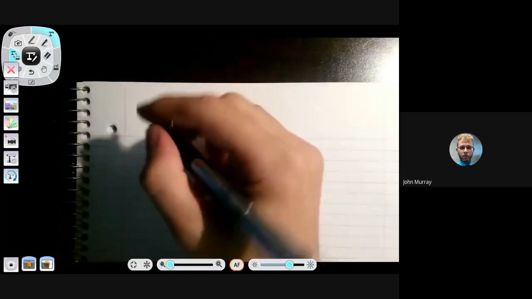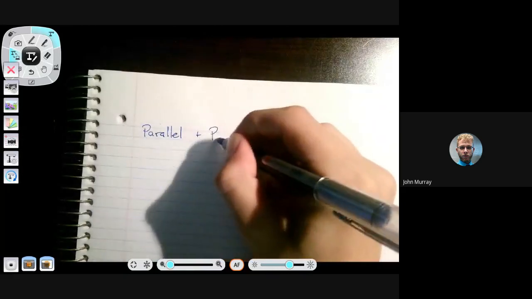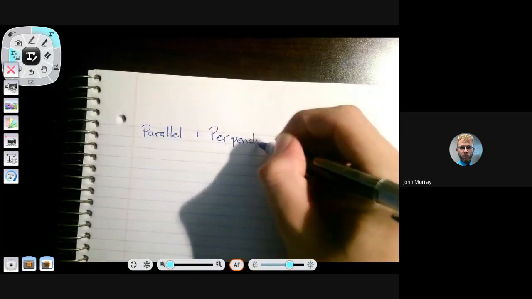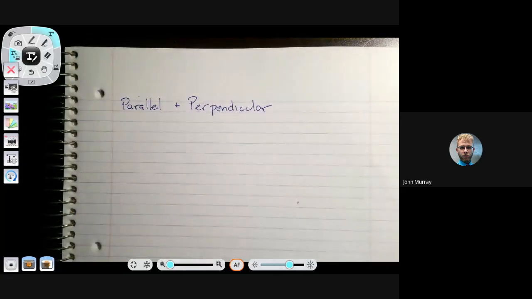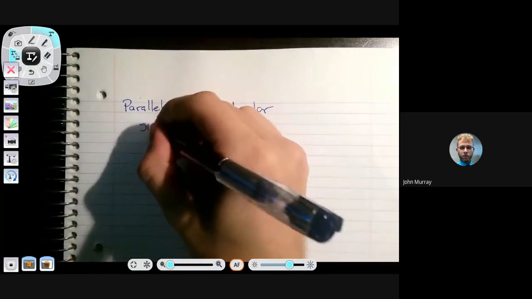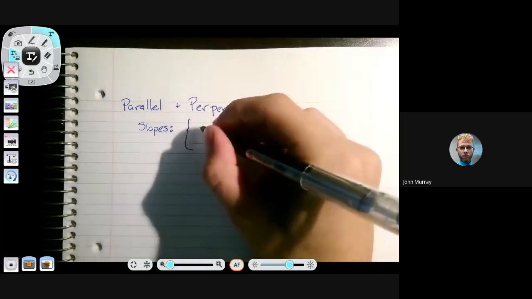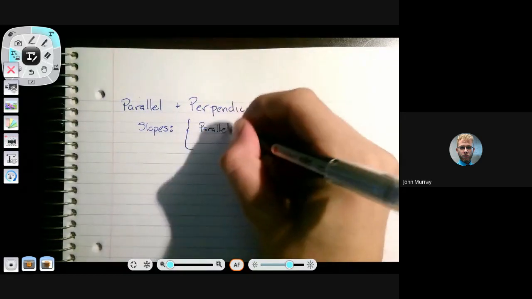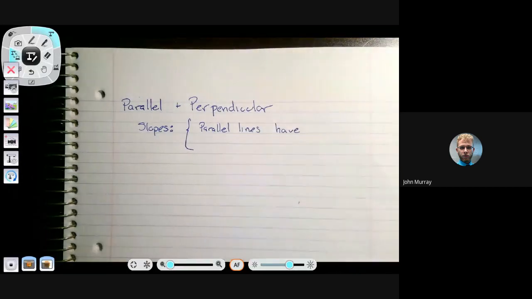Sometimes what they'll say is they want you to find a line that is parallel or perpendicular. So for parallel and perpendicular, we're going to focus on the slopes. What do we know about the slopes of parallel lines?